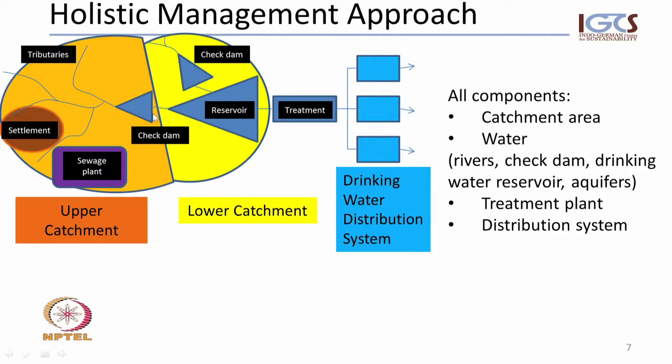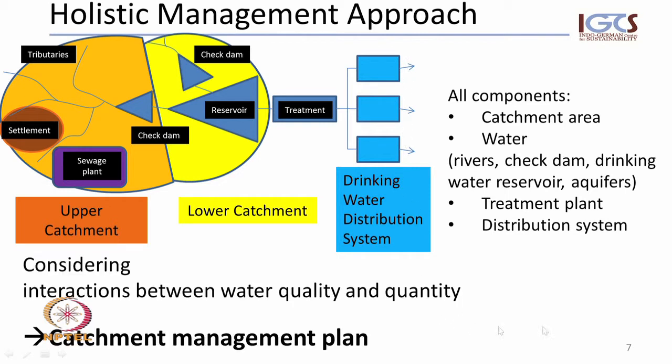Before the water passes into the drinking water reservoir, it will pass through check dams where most of the silt and sediments will be deposited. And then from the drinking water reservoir, it will be abstracted and taken to a treatment plant. And from there, it enters a drinking water distribution system to reach the end users.